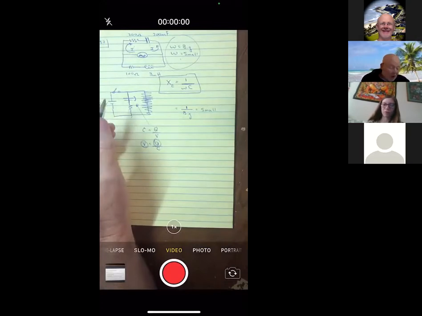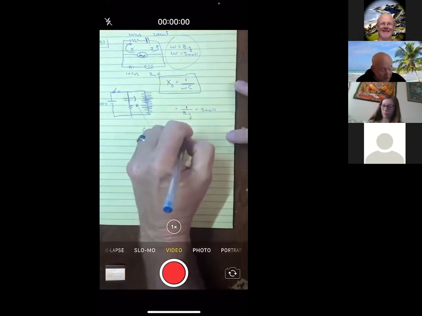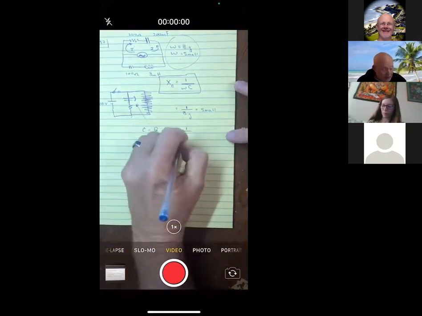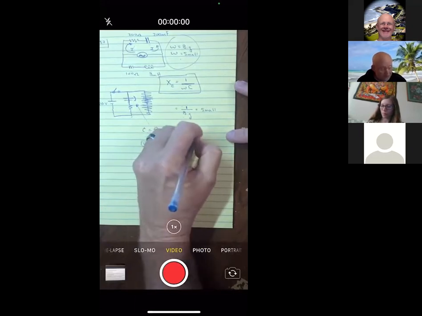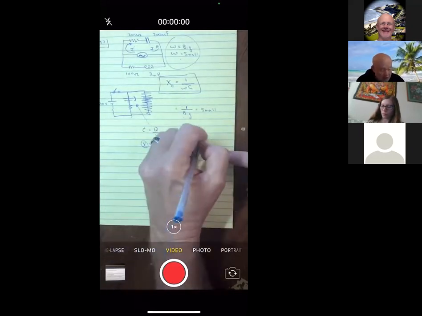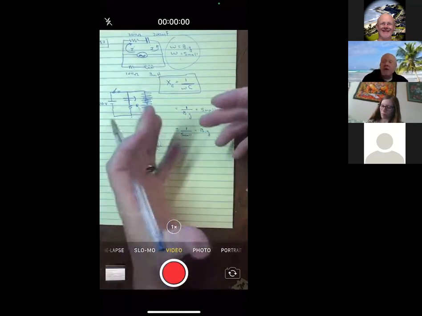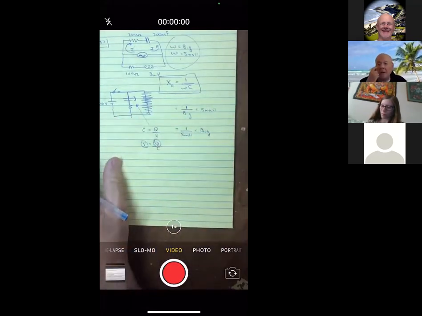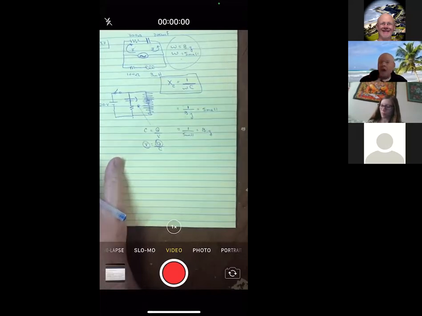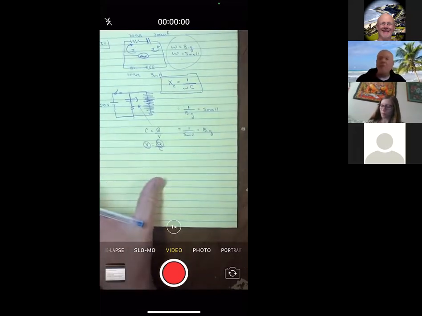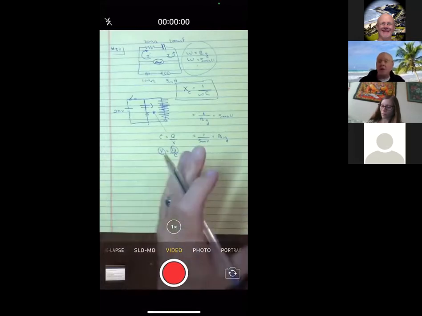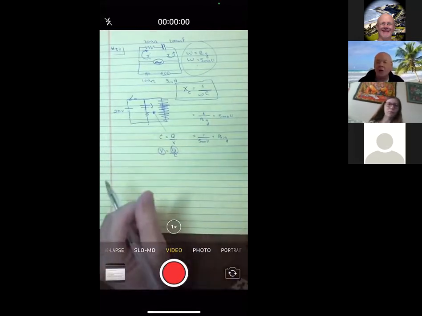Okay. But if you have a small frequency, then you would have 1 over small, and 1 over small equals big. And so then you have a big opposition. Now, I'll talk about the inductor, but I want to do the capacitor first since we've been doing that one a little longer and I thought you'd feel more comfortable with it.